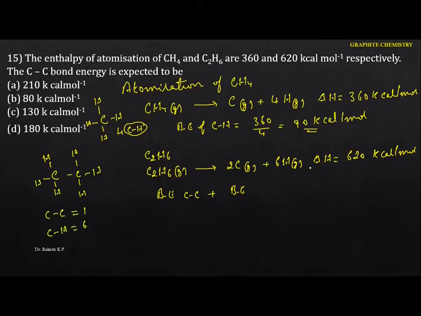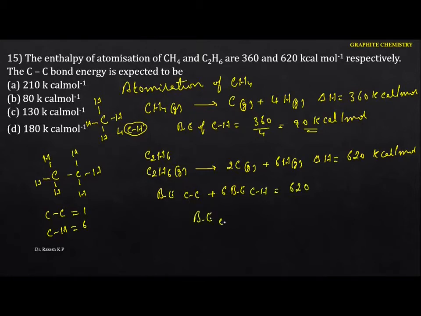If you want to get the value that involves the bond energy of the carbon to carbon bond and also the bond energy of the CH bonds, how many CH bonds are we having? The 6. I can write 6 times the bond energy of the CH bond, which is equal to 620. We don't know the carbon to carbon value, so we have to calculate it here.